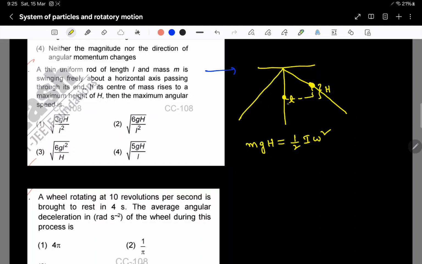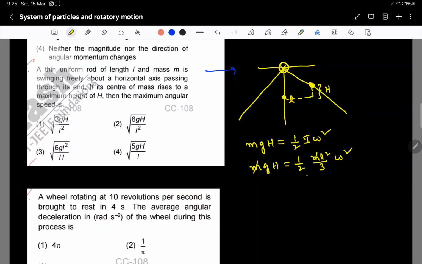The rod is rotating about one end, and the moment of inertia about one end is ml square by 3. So mgH equals half into ml square by 3 into omega square.